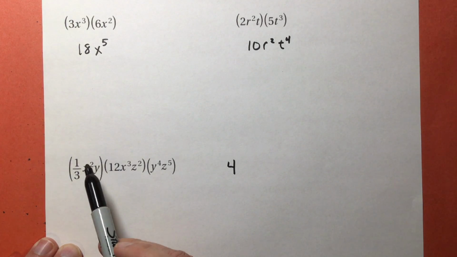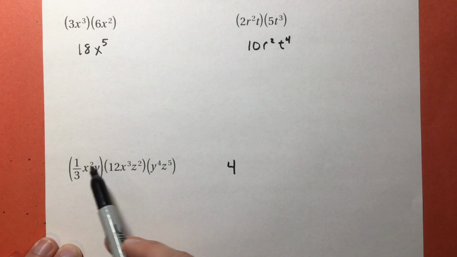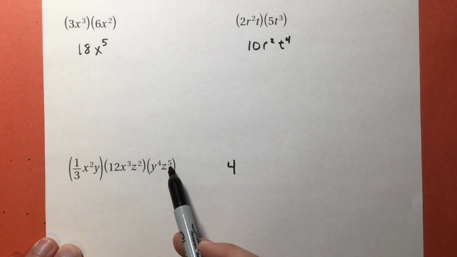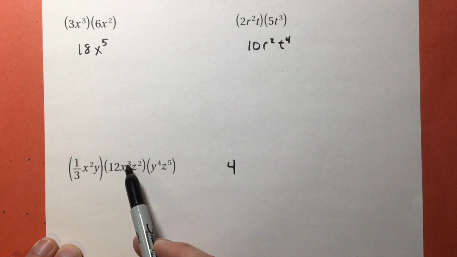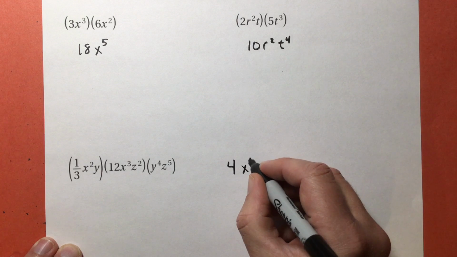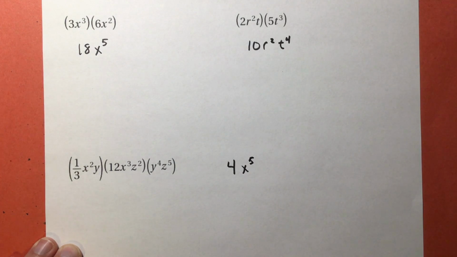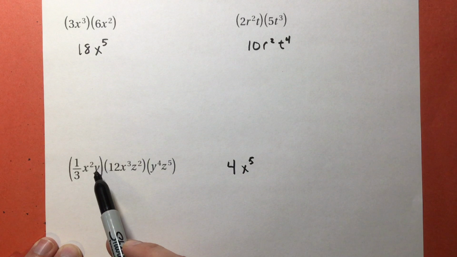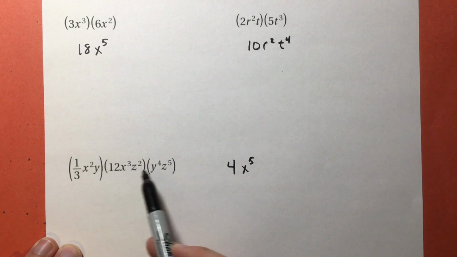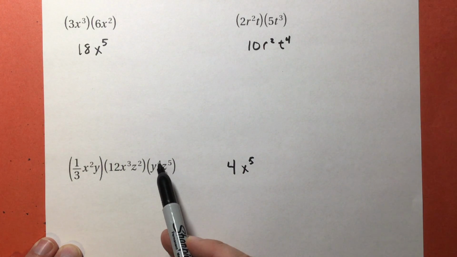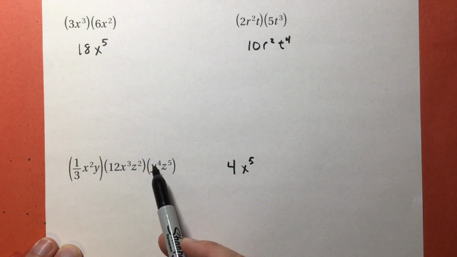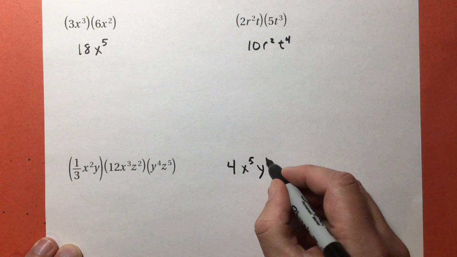Let's do the x's first. I've got x to the 2nd power here, x to the 3rd power here, and no more x's. 2 plus 3 equals 5. X to the 5th power. Let's do y's. I've got my y, no y's in here, but I've got 4 of them here, y to the 4th power. So 1 plus 4 equals 5.